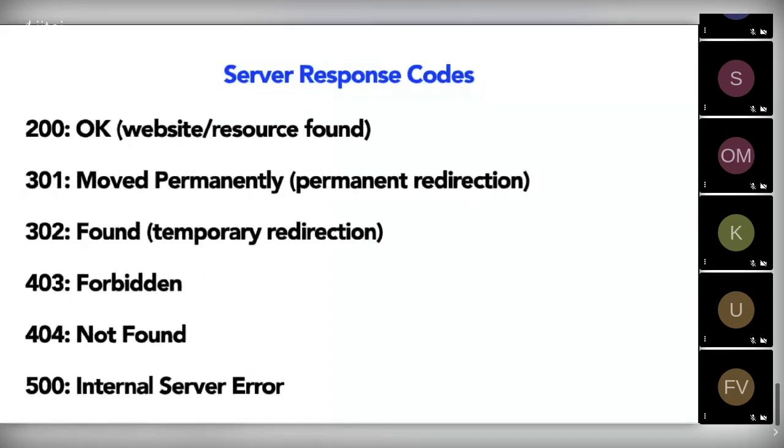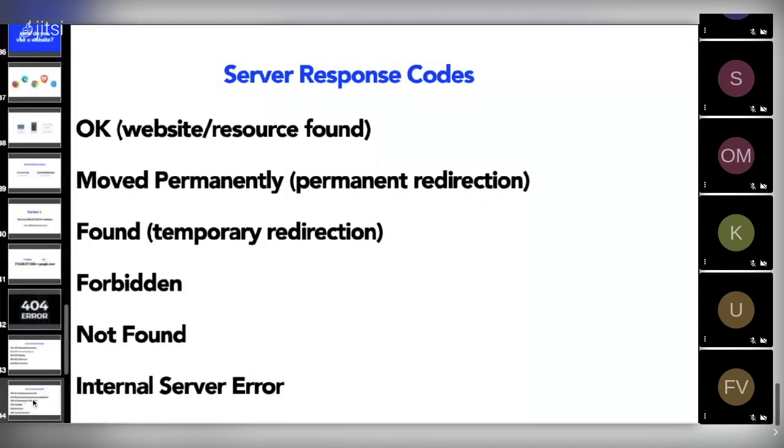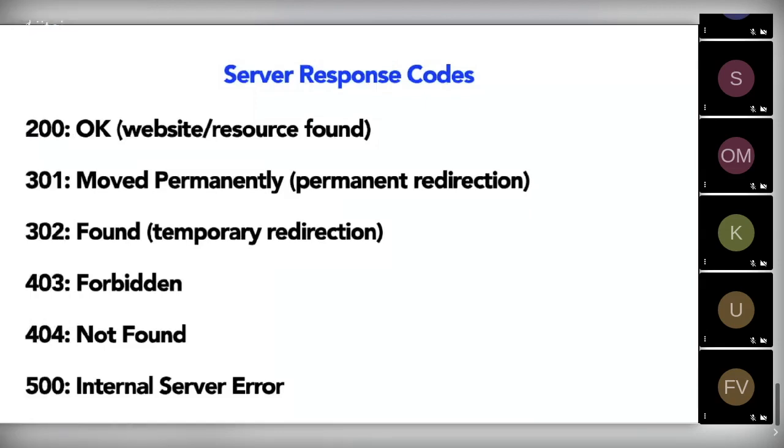Now, as I said, there are many response codes, and there are some more common ones. So, for example, 500 means internal server error. 301 and 302 refer to a resource being moved either permanently or temporarily.